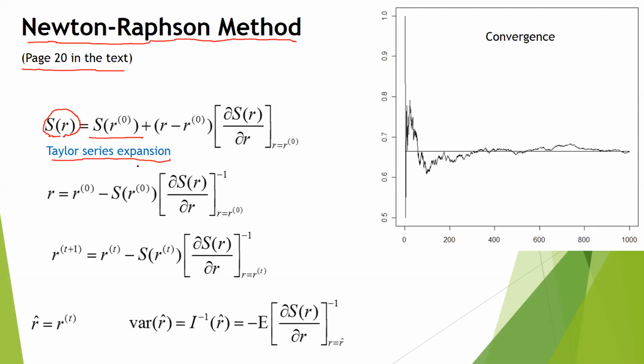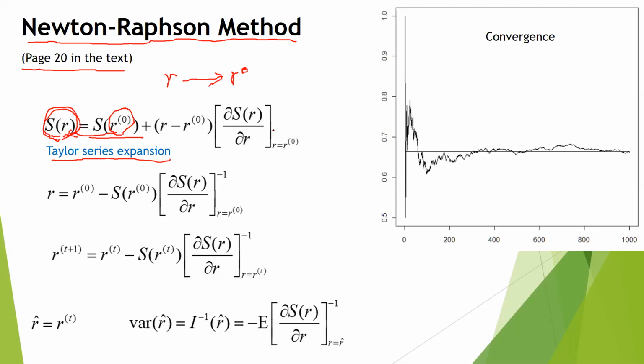We use this expansion based on a value which is very close to R. If R is very close to R0, which means R0 is in the neighborhood of R, then we can use this Taylor series expansion to express R using R0.